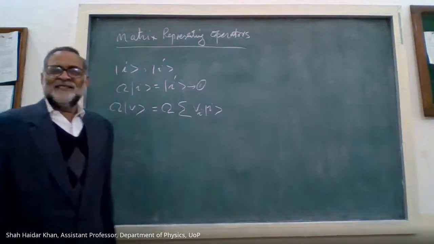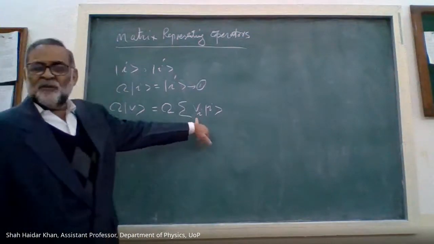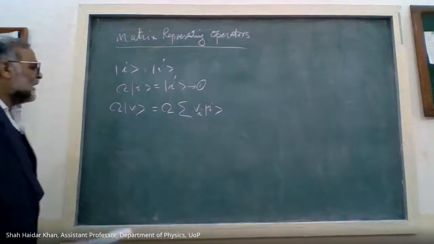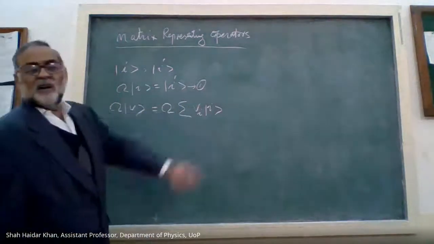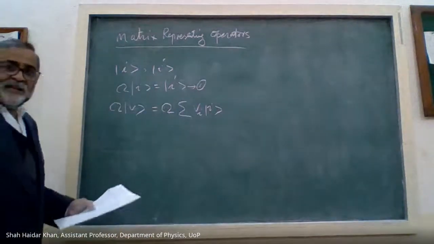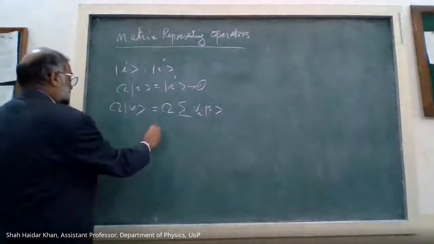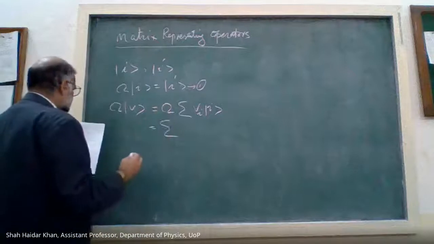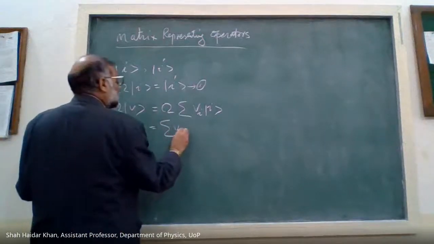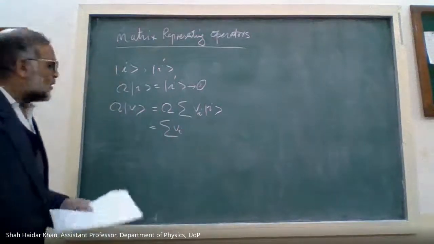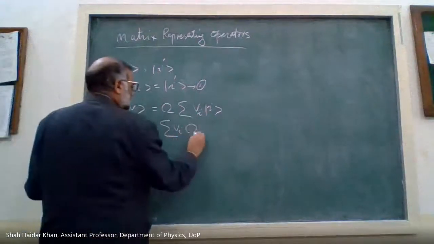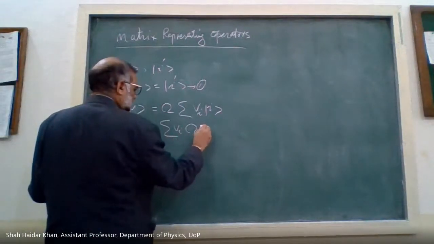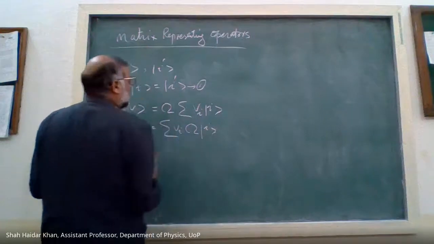So the Vi are just numbers, and these are the basis vectors like ijk. So this can be written as Vi, which is spared because it is a scalar quantity, and omega, and it acts on.